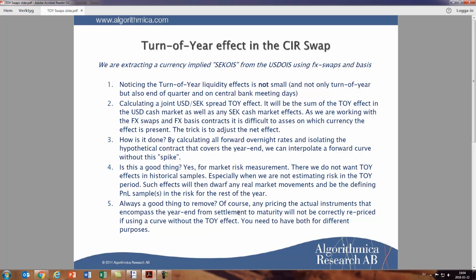So what we actually need is to have both for different purposes. You need to have the pricing curves, and you need to have some sort of cleaned risk curves that are valid for the rest of the year. And then you need to assess the size of the year-end effect before coming into this year-end effect period.